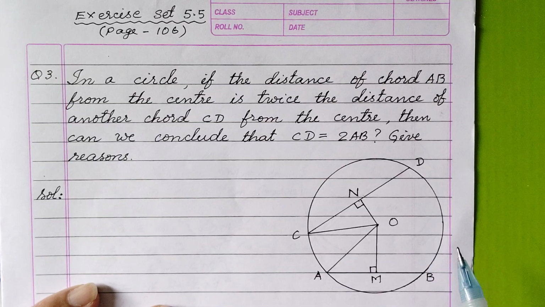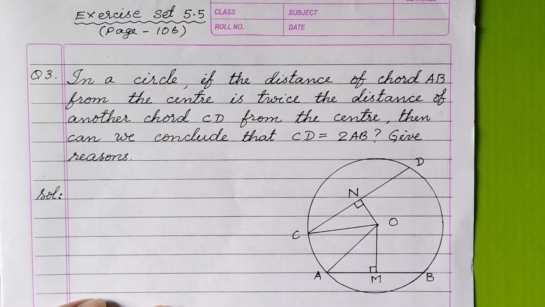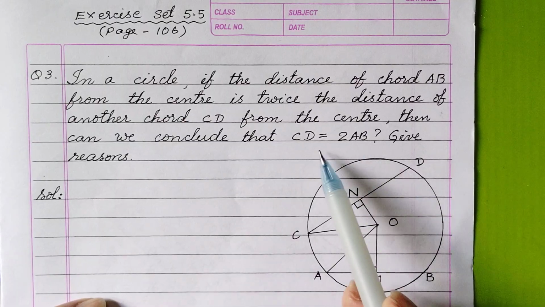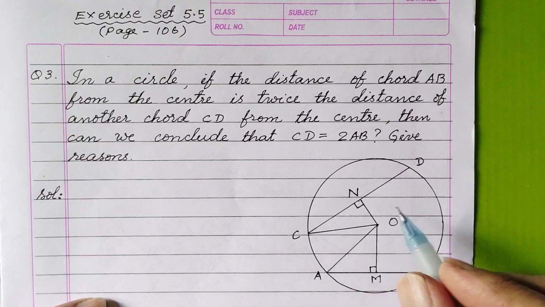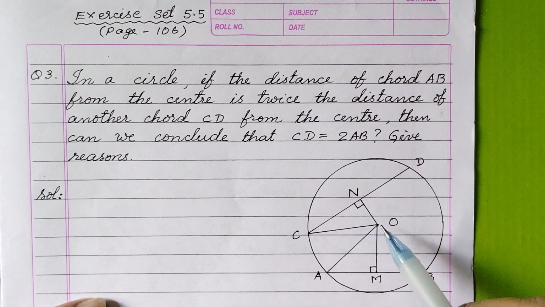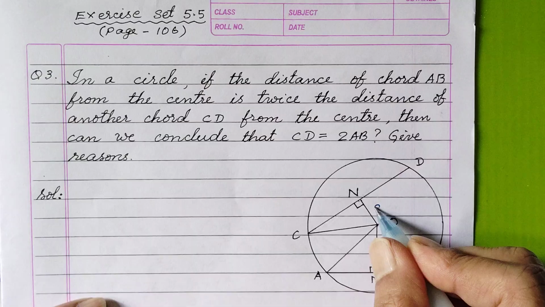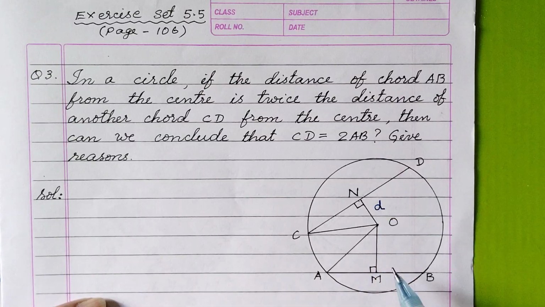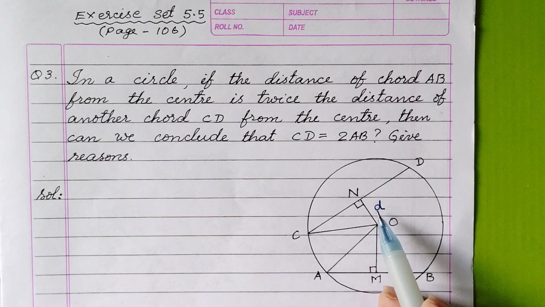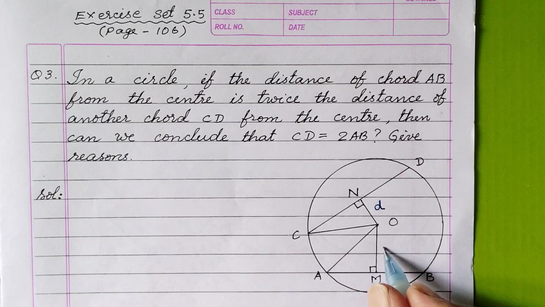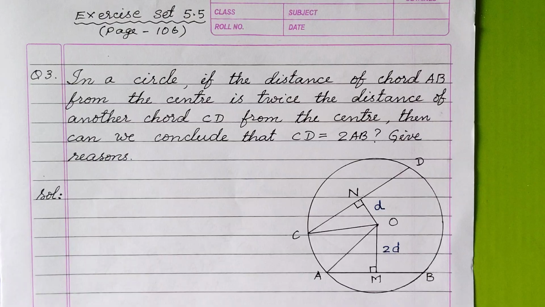Then they are asking whether we can conclude that CD is equal to twice AB. So what we will do, let the distance of chord CD from the center be D. When this is D, the distance of chord AB from the center is twice that, so OM will be 2D.